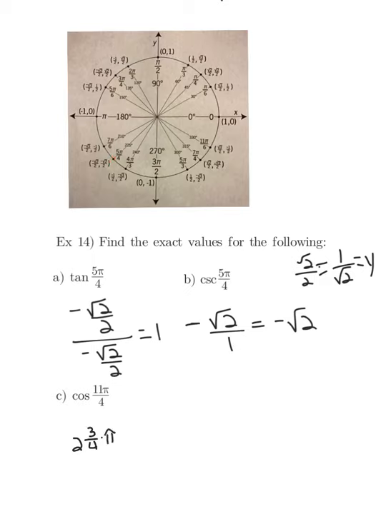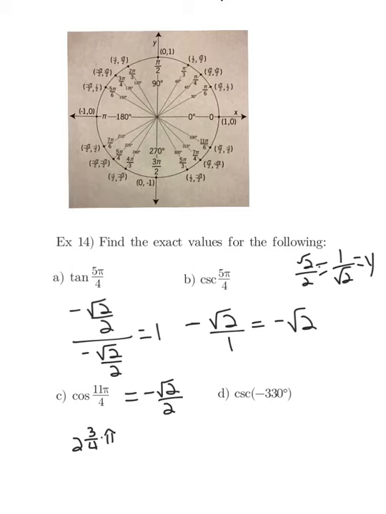What that means about where we have landed on the unit circle is the 2 pi tells us that we've made 1 full revolution. Now we have to go an additional 3/4 of pi, which puts us over here in the second quadrant. So the point we are going to use is this point. We want the cosine. The cosine is the x-coordinate, and the x-coordinate is negative square root of 2 over 2.